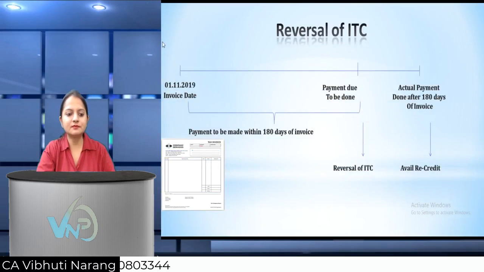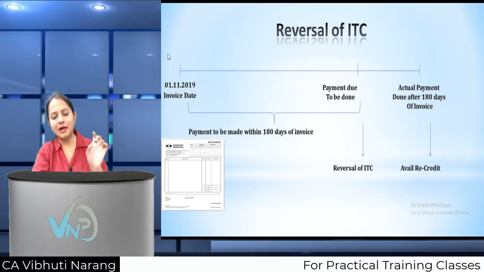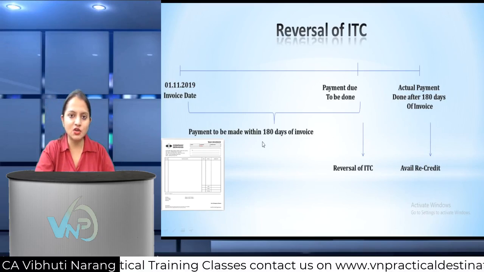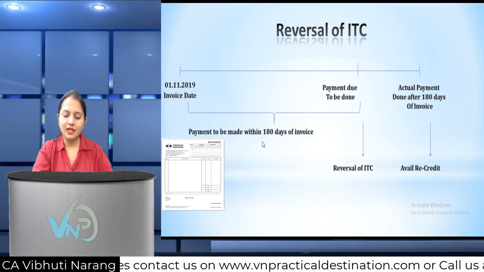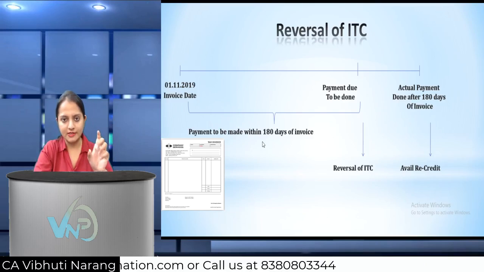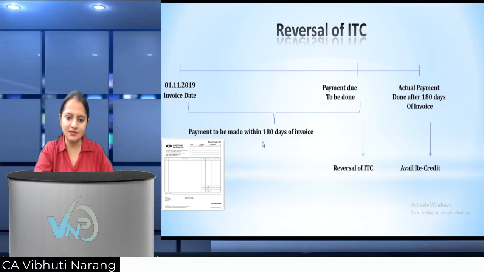Let's suppose the invoice was generated on 1st of November 2019. The payment by the buyer to the seller is to be made within 180 days of the invoice. Now mind it very carefully that it is 180 days from the invoice date. If the payment is not done between this time period, then you need to reverse the input.